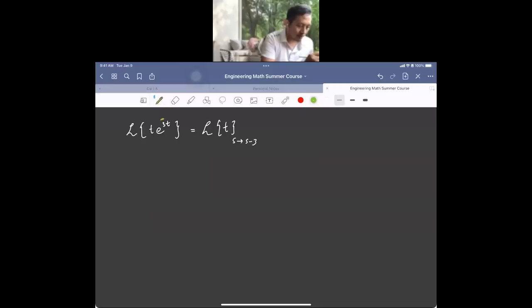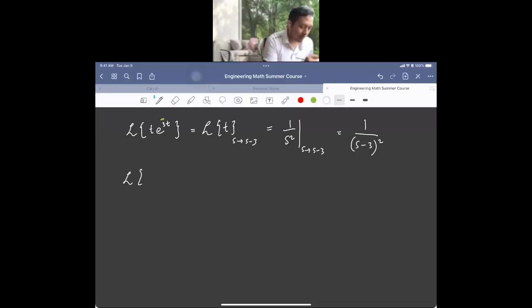Remember that this is important here, that we need to see this 3 as our a, right? So the Laplace of t is just 1 over s squared, and then we are going to shift this s into s minus 3, squared, right?